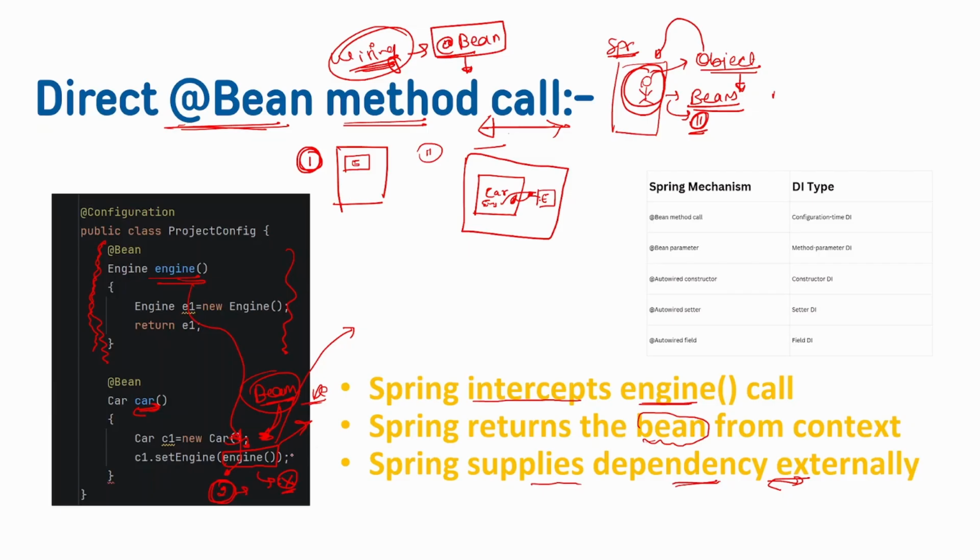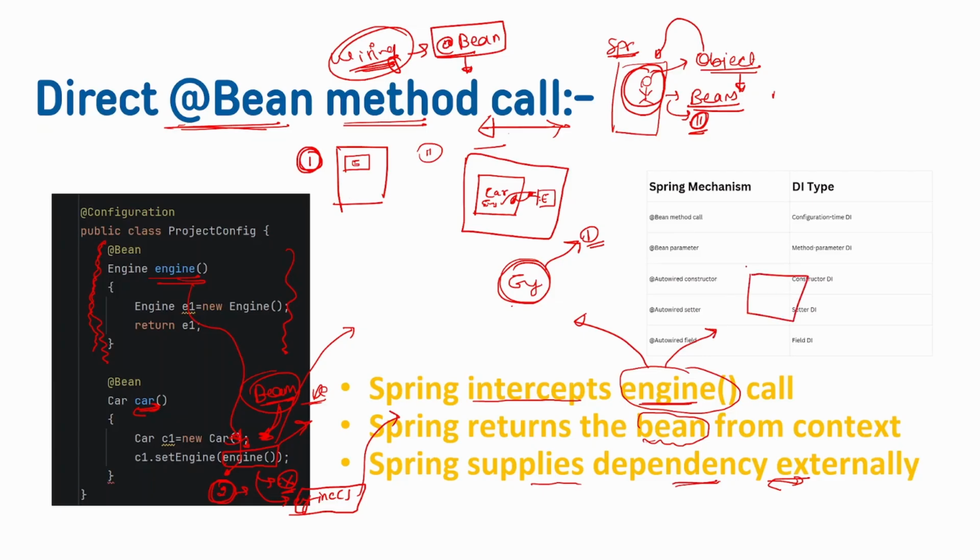Spring is very smart. When we call the engine method, Spring intercepts the engine call and checks if the engine bean is present in our context. If the engine bean is present, it returns it directly without creating another instance. But if the engine does not exist in our Spring context, only then will Spring create the engine bean. So basically we have only one instance of car and one instance of engine.